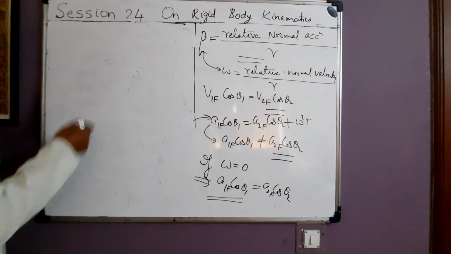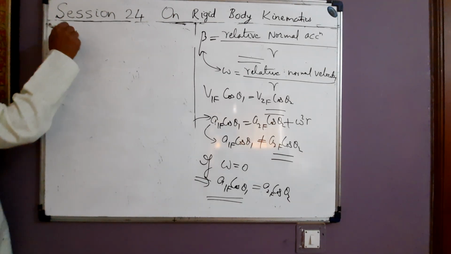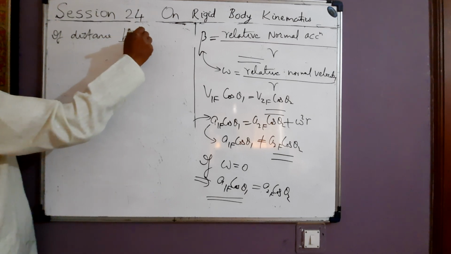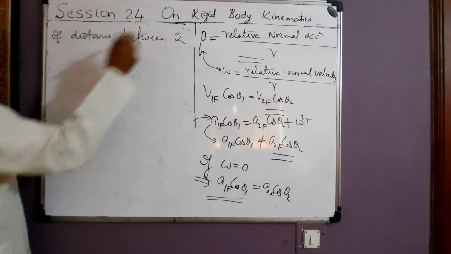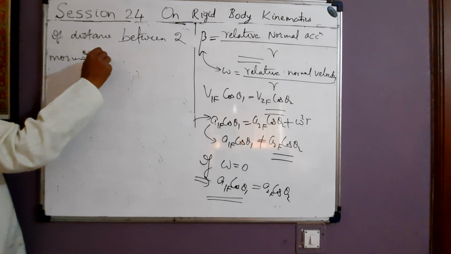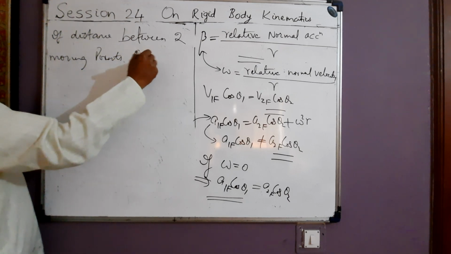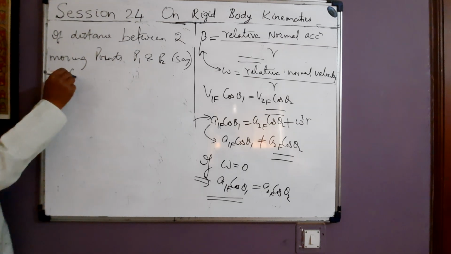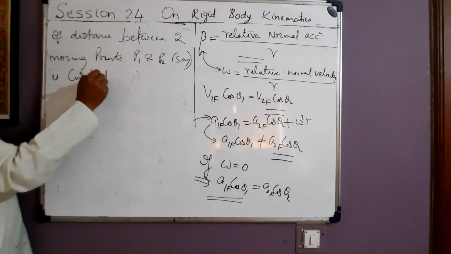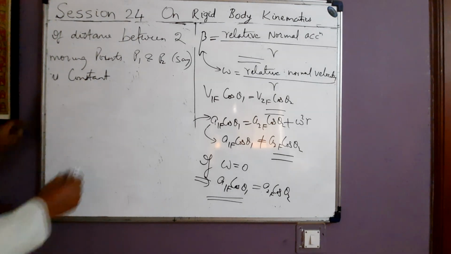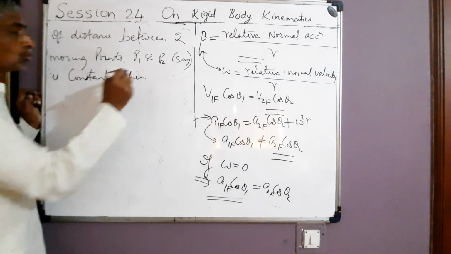So we'll say it this way. If the distance between two moving points P1 and P2 is constant, then two things we can say.